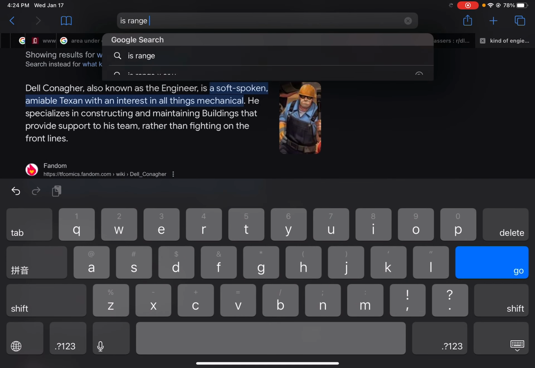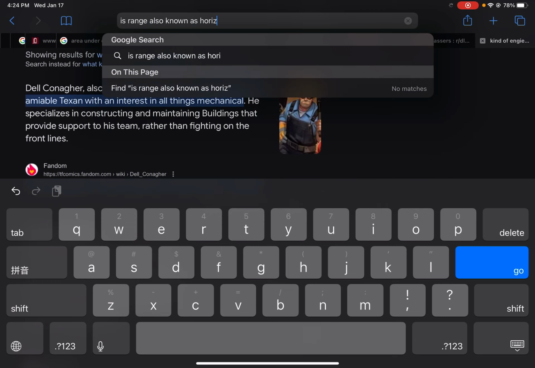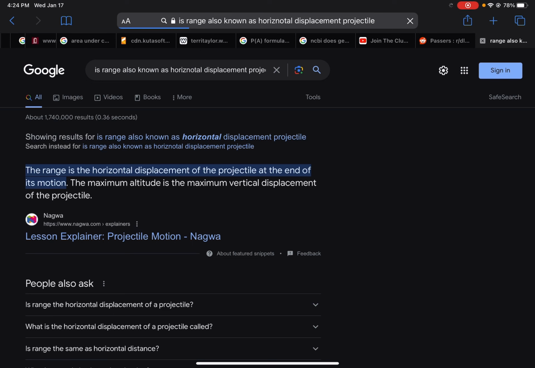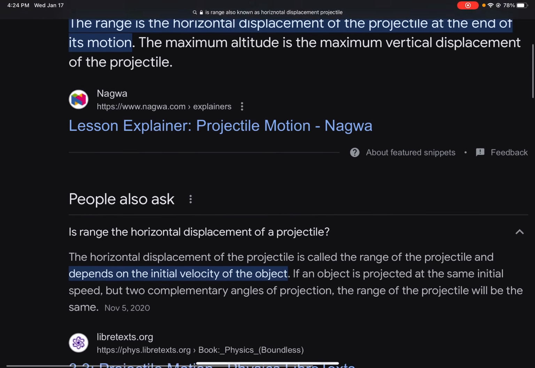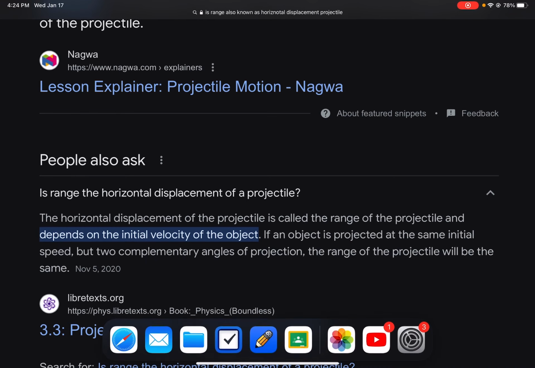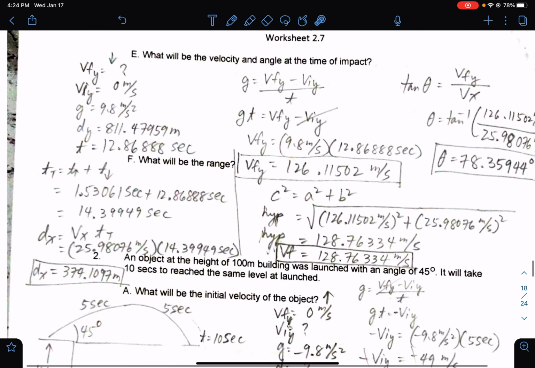Is range also known as horizontal displacement of a projectile? The range is the horizontal displacement of the projectile at the end of its motion. Okay. Yeah, I think that's dx. But why did we find VF? What is that?